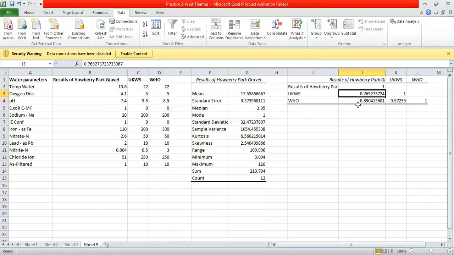Then we can be sure that this particular water source is fairly good, because the values are far away from 1. So that is what we need to do, and we understand about the correlation method.